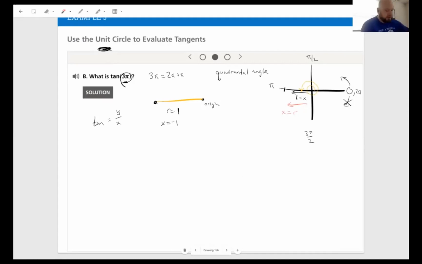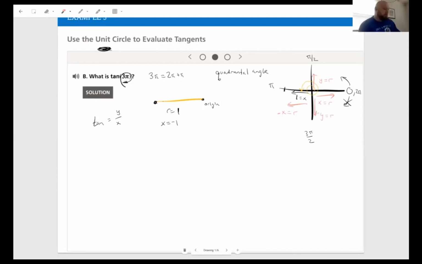If you go to the right, you still move in the x direction, but since you moved right, your x value is positive. If you move up, then you have a positive y that you've moved, and that's going to equal the radius. And if you go straight down, then you'll have a negative y, which is equal to your radius.